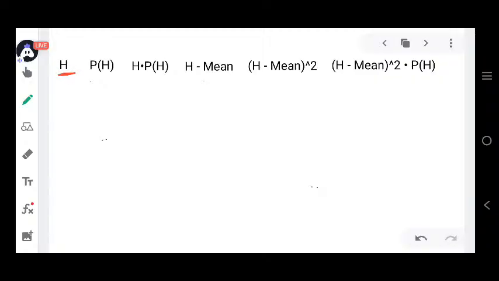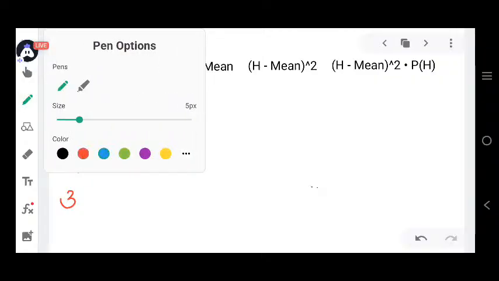We already know that the random variable of tossing 3 coins are 0, 1, 2, 3. If you have forgotten this, you may check our previous video lessons. Then, the next is to find the probability of each random variable.